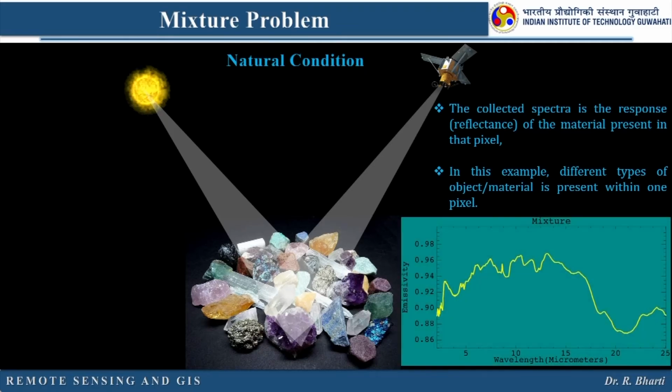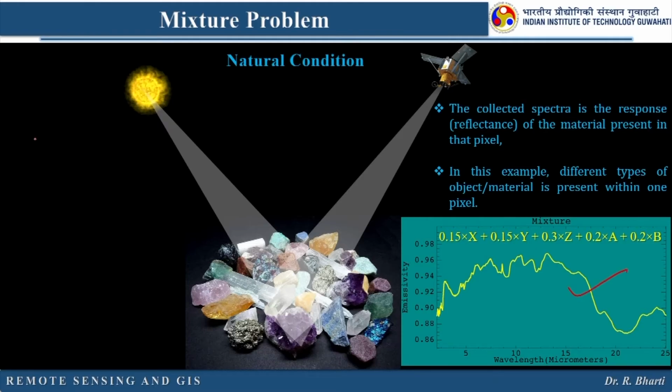So if you see the spectral response, it will be something like this, and if we know what are the materials present within one pixel, then if we can add them in some proportion with their spectral signatures, you may get this one, right?